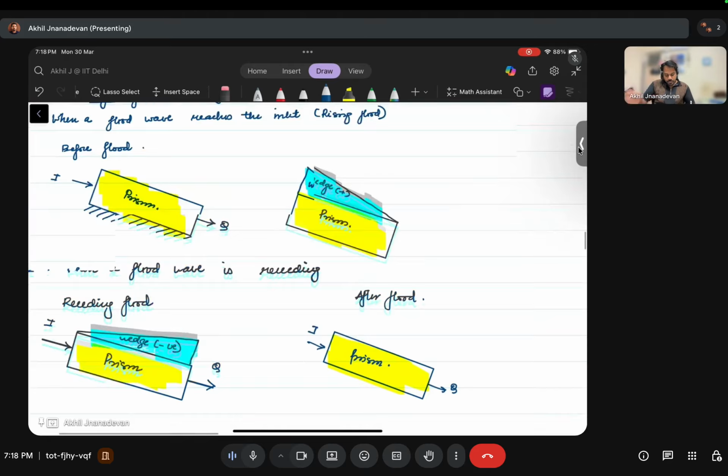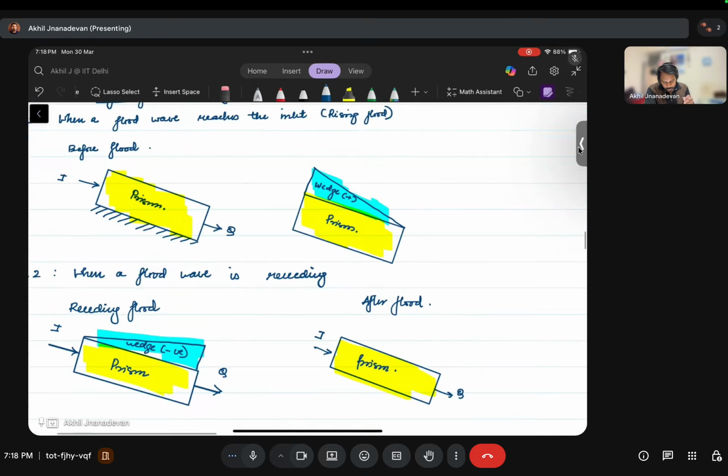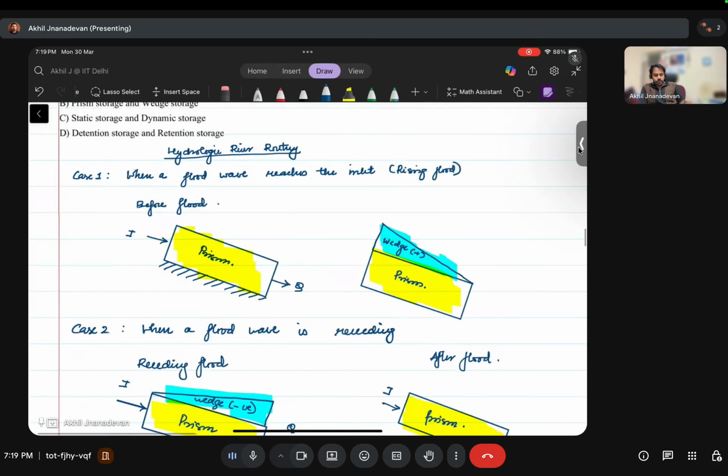Okay, so this is the basics of hydrologic river routing, where we are considering two cases. When the flood is approaching, that is the rising flood, there we have a positive wedge and a prism storage, and when the flood is receding, we have a negative wedge and a prism storage. This is how we consider the case of river flow routing.